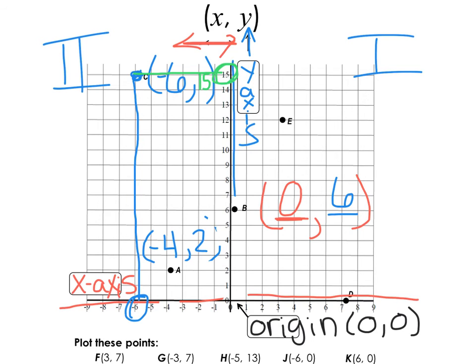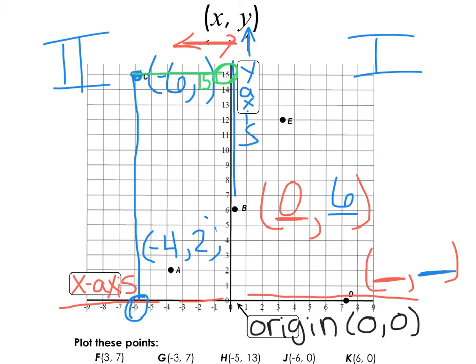All right, let's check D. So I'm going to find my x and my y. x is always first, y is always second. And we're going to come over here.